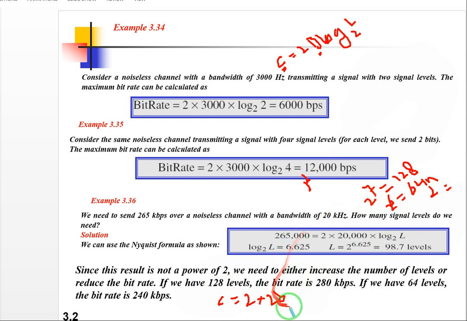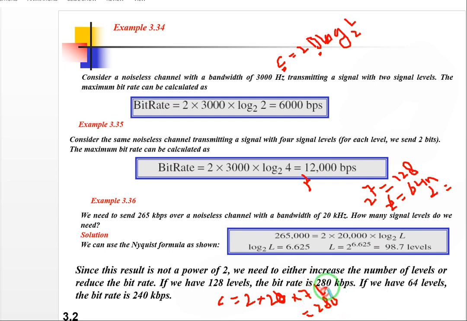So 7 comes out here. 2 multiplied by 20 is 40, multiplied by 7, and log2 of 2 is 1, so it will be 280 kilobits per second.